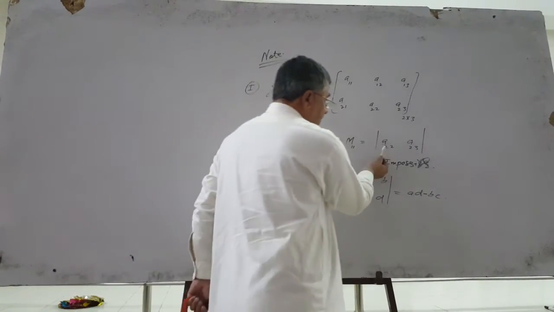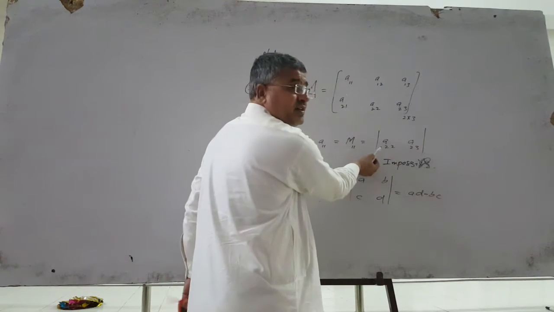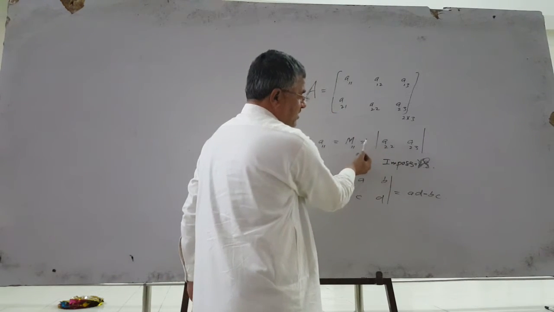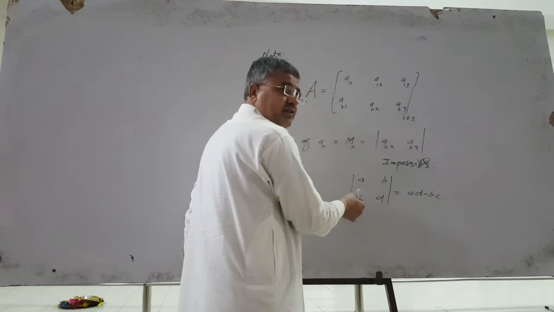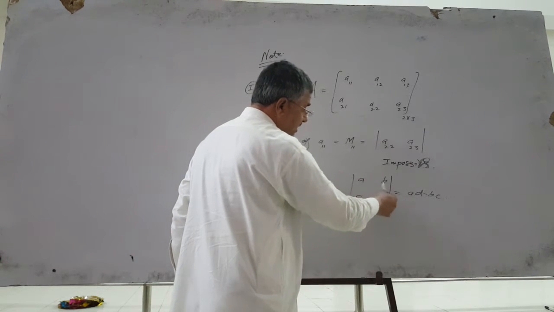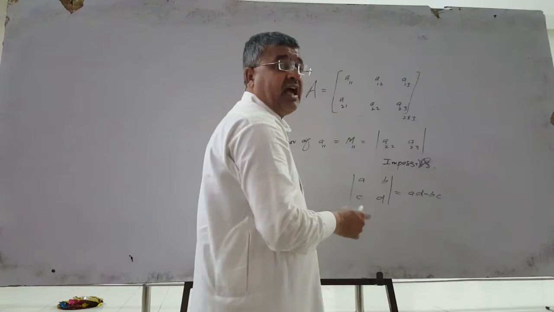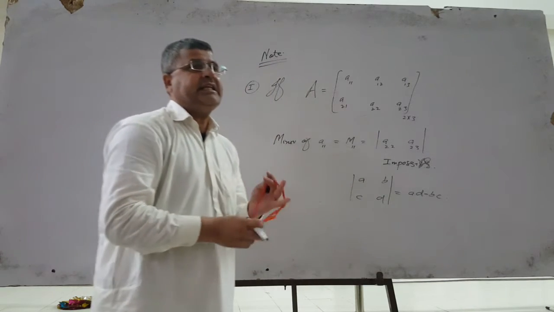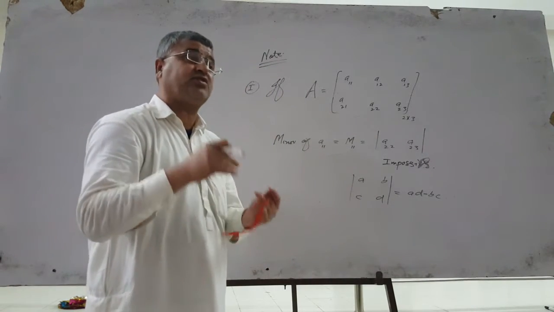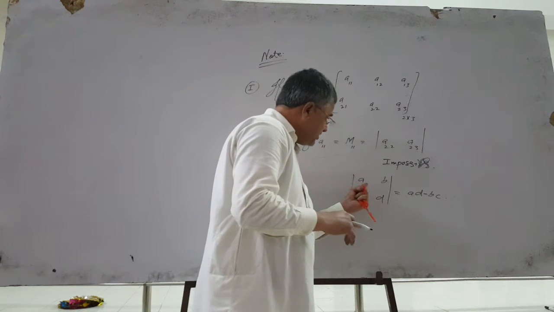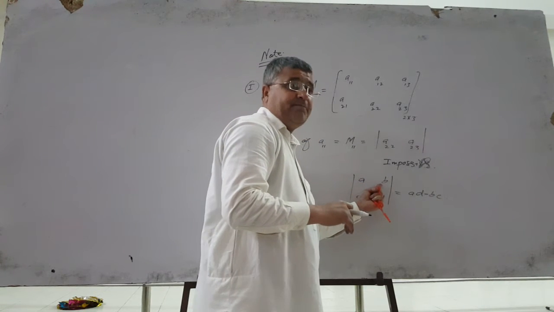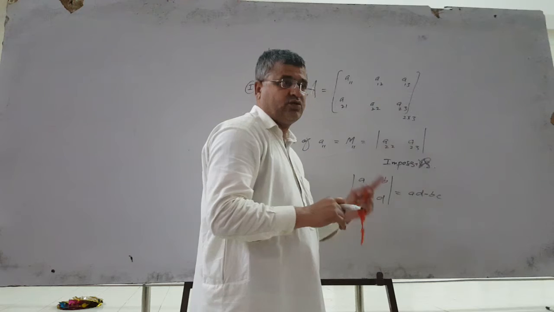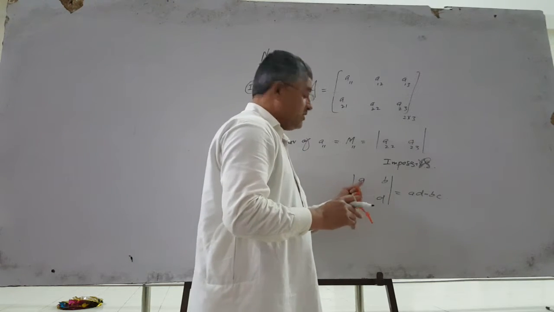Therefore, we cannot calculate the value of this determinant. We can calculate the value of a determinant only if it is the determinant of a square matrix, containing two rows and two columns.